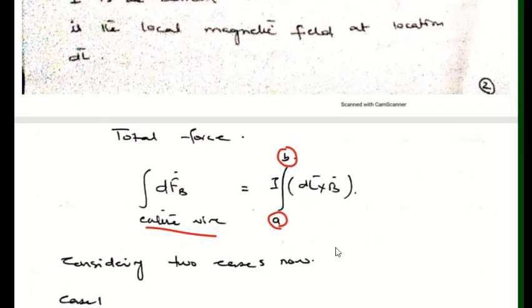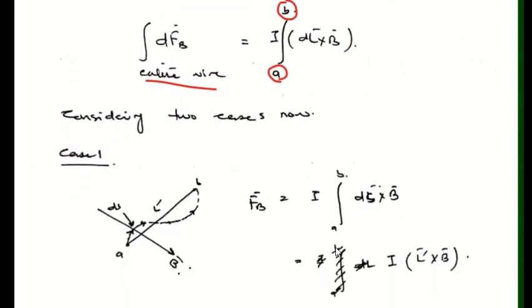Now we will consider two cases. In one case, I have a curved wire which is placed in a uniform magnetic field.